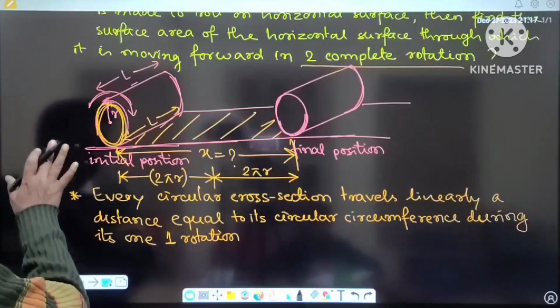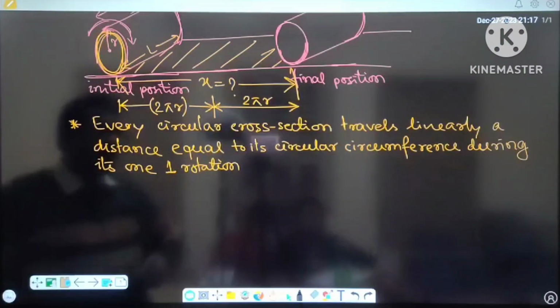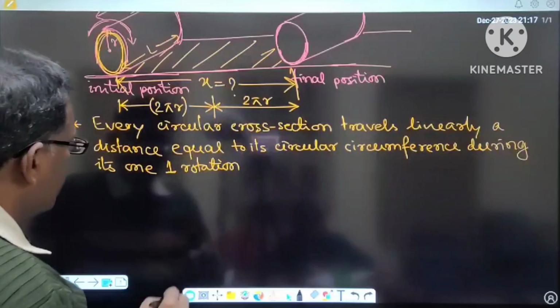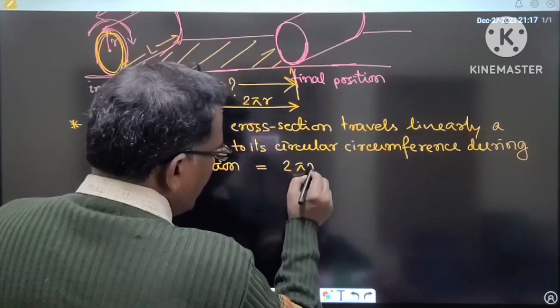So here I can write down, if every cross section travels linearly a distance equal to its circular circumference during one complete rotation, that is equal to 2 pi r.